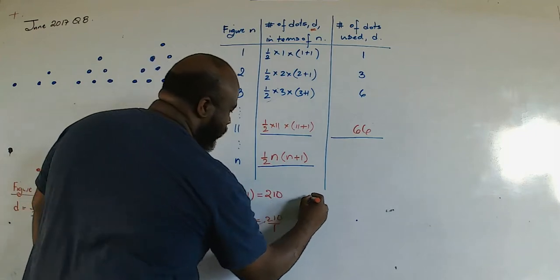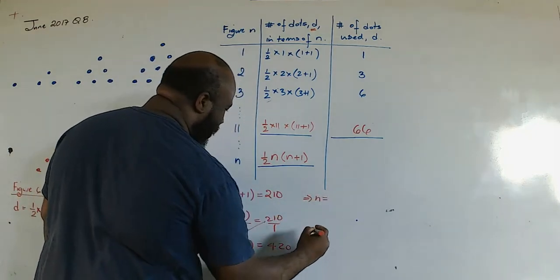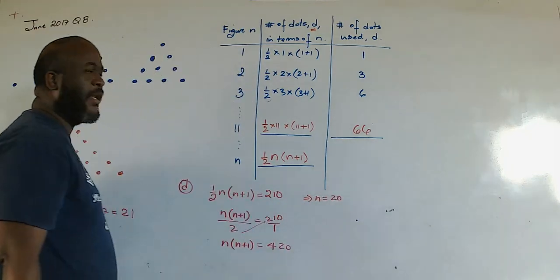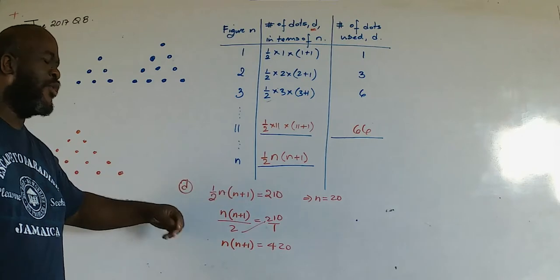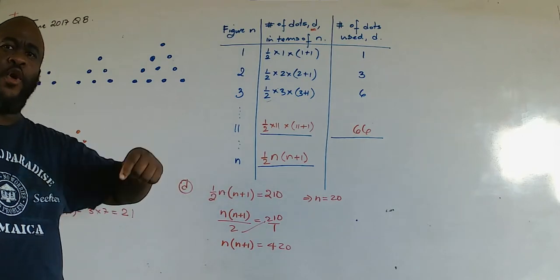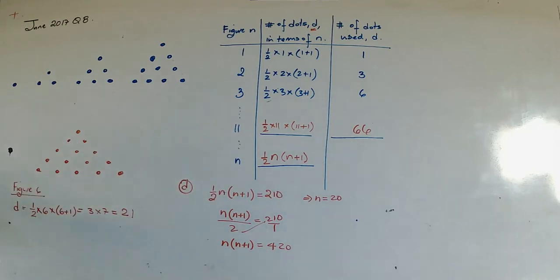Therefore, n is equal to 20. Determine which figure in the sequence has 210 dots.